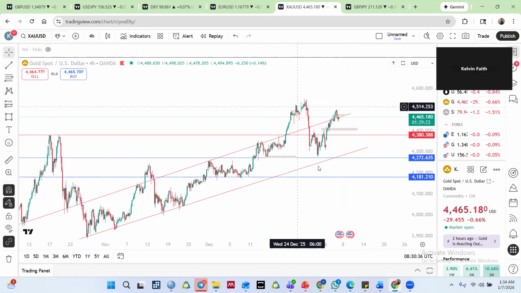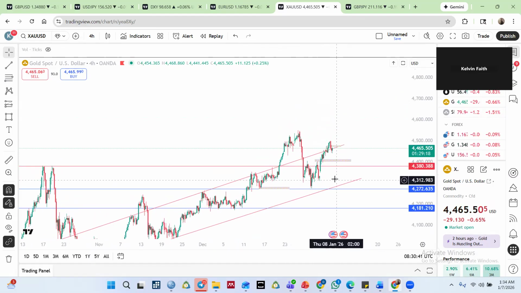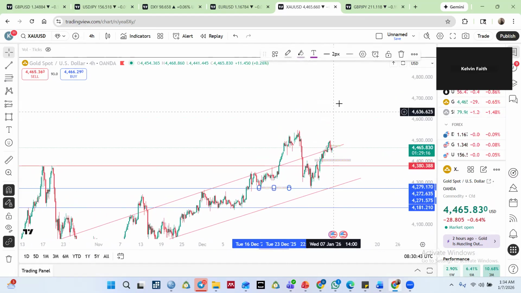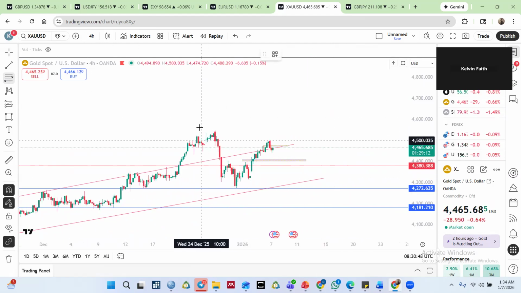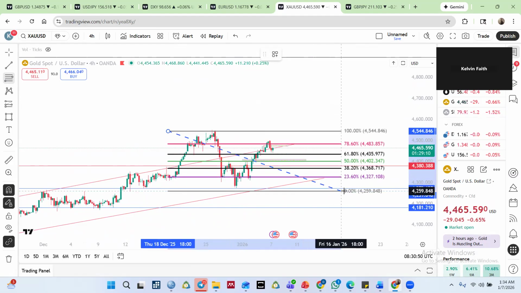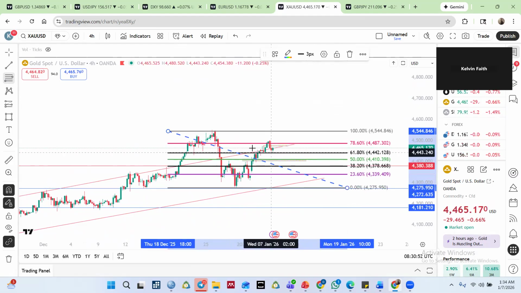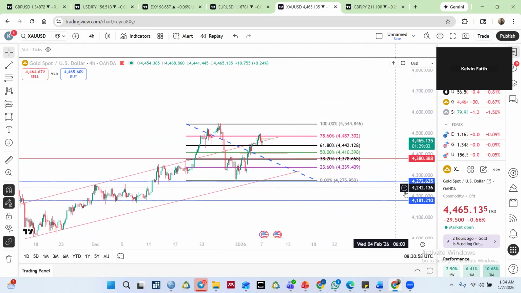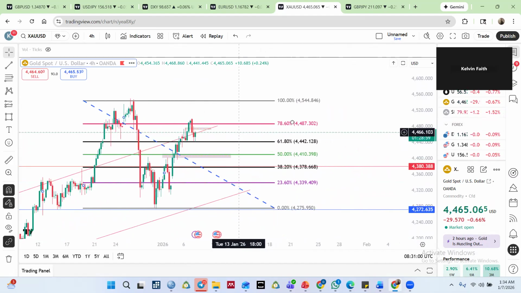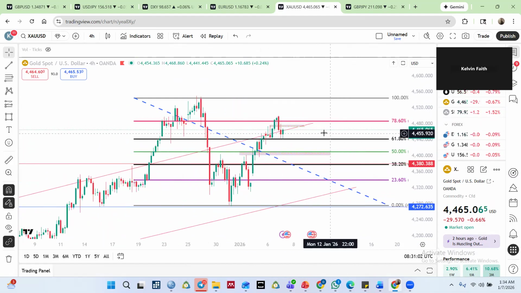But we didn't get to take it down. It just came to retest it. So this drop doesn't look like it's a break of structure. So that's why, though price is premium inside of this range, I'm not seeing it as a valid range for me to be measuring and be selling for a long time around this area. Okay, so that's why I'm not going to be selling gold around this place.